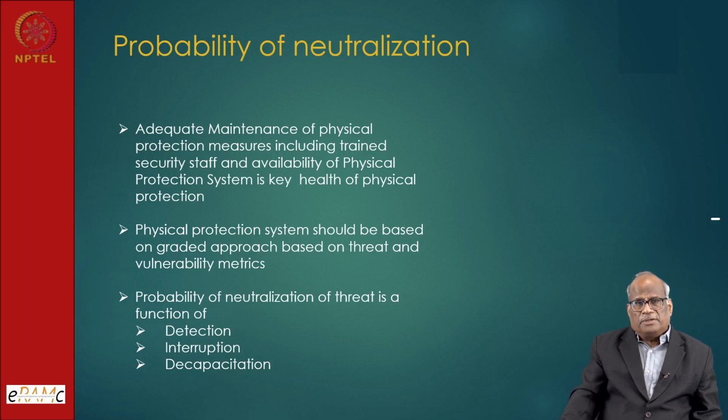Okay, in one of the event trees we'll show you what is the role of threat, what is the role of detection, what is the role of delay, and then what is the role of protection measures, and finally what are the frequency scenarios and damage potentials.